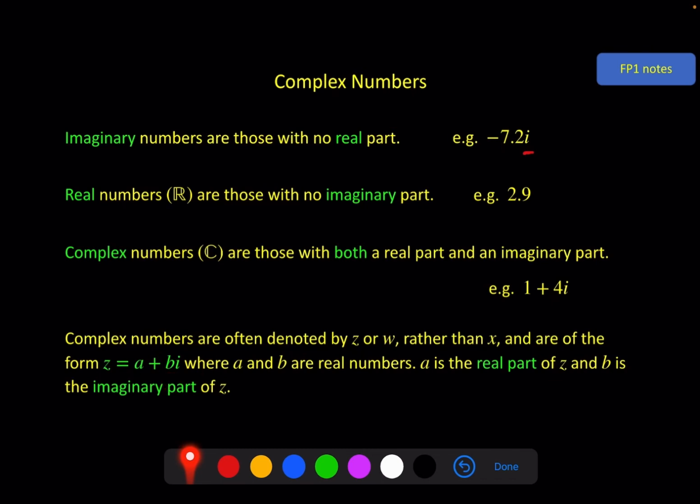We do not have imaginary numbers within imaginary numbers. So this is a definition. If you've got a complex number with a real part and an imaginary part, the number here and the number in front of the i, the coefficient of the i, are real numbers. And we can call this the real part of z and the imaginary part of z.